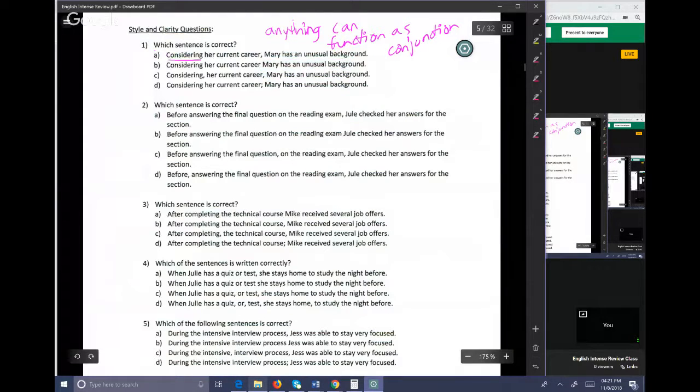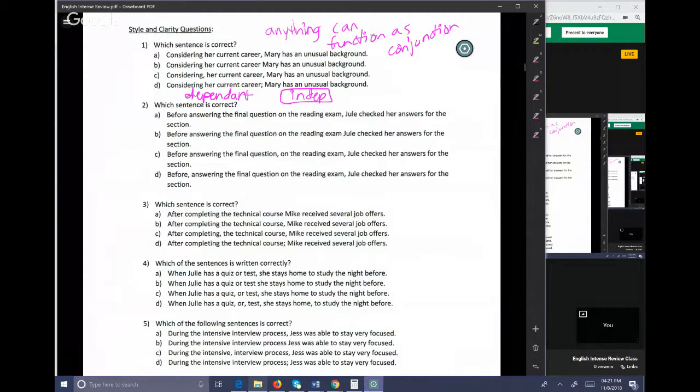Anytime I have a subordinate conjunction functioning up at the front of a sentence, that's always going to shift my point. It's always going to cause the first part where that's located to be a dependent clause. Generally speaking, that's going to mean my other clause is independent. So I could just say Mary has an unusual background, and that would be a complete thought.